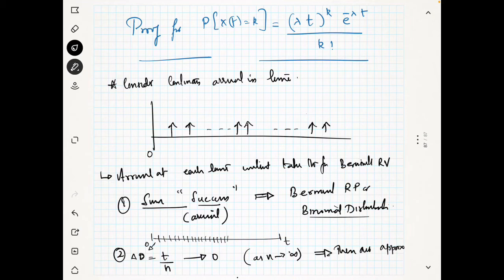So first we represent the total number using the binomial distribution. After that, we put the limit that n tends to infinity. Then our approximation becomes exact. That is the idea.